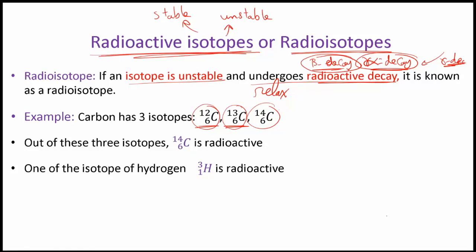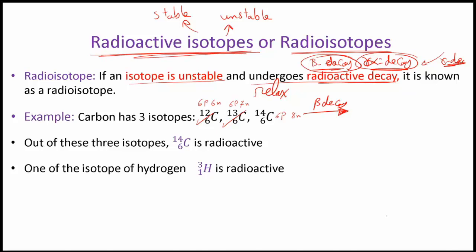So the last one actually is the unstable one. Carbon 14 is the radioactive isotope. The first one has 6 protons and 6 neutrons, that's very stable. The second one has 6 protons and 7 neutrons, actually it's still stable. The third one has 6 protons and 8 neutrons, and it is unstable. So it undergoes a beta decay.